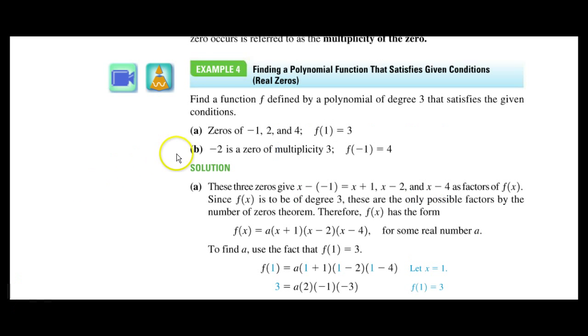In example B, here we only have one value. Our 0 is a -2 and has the multiplicity of 3. And we have this, and I'll have to raise it up so we can see what it looks like on our next page.